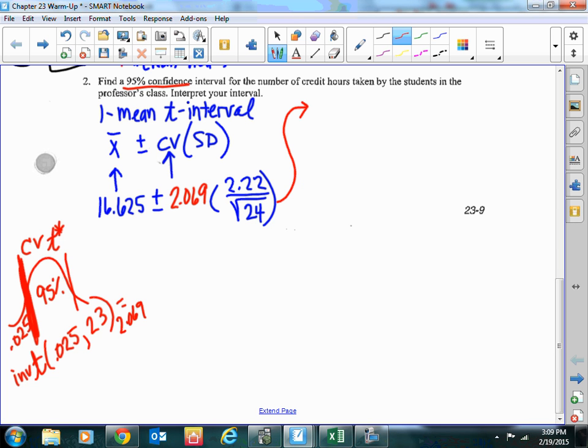When I do that computation, that gives me the interval 15.69 up to 17.56.